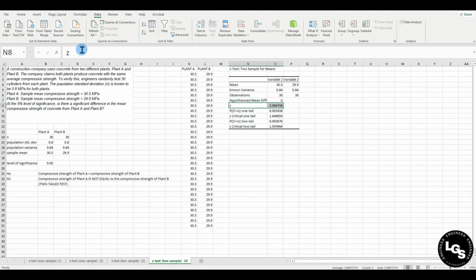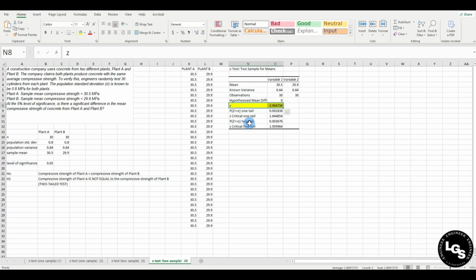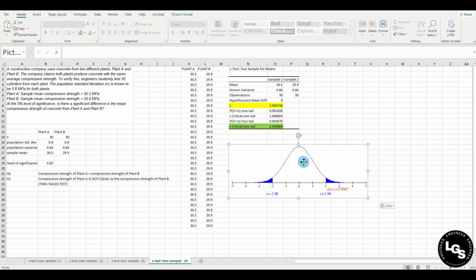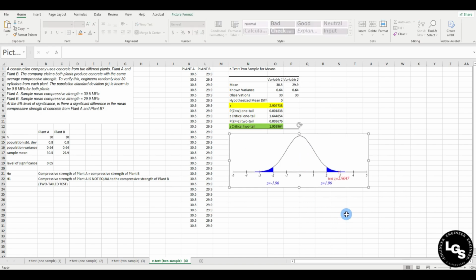So the computed z value is 2.9047. Then we will choose the z critical two-tailed, since we already identified this is a two-tailed test. So we will choose this as the critical value. If we check the critical region, it is the same two-tailed as the previous problem.